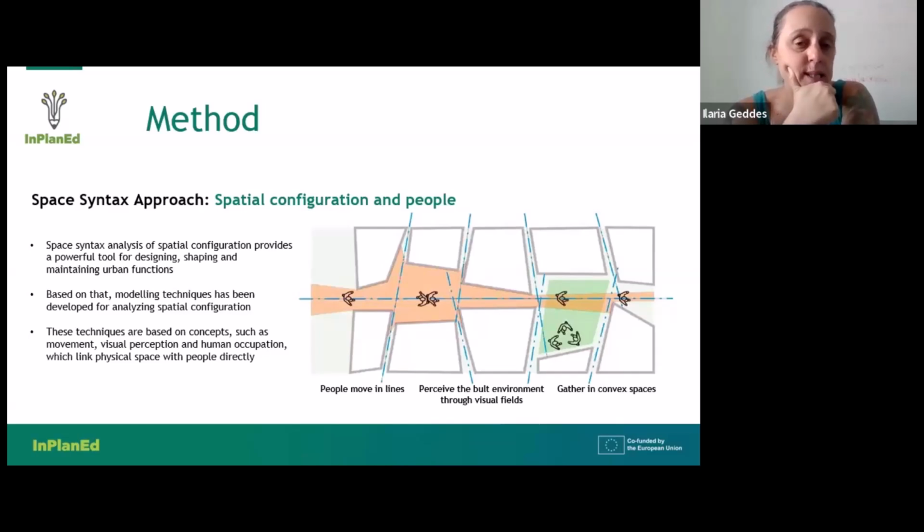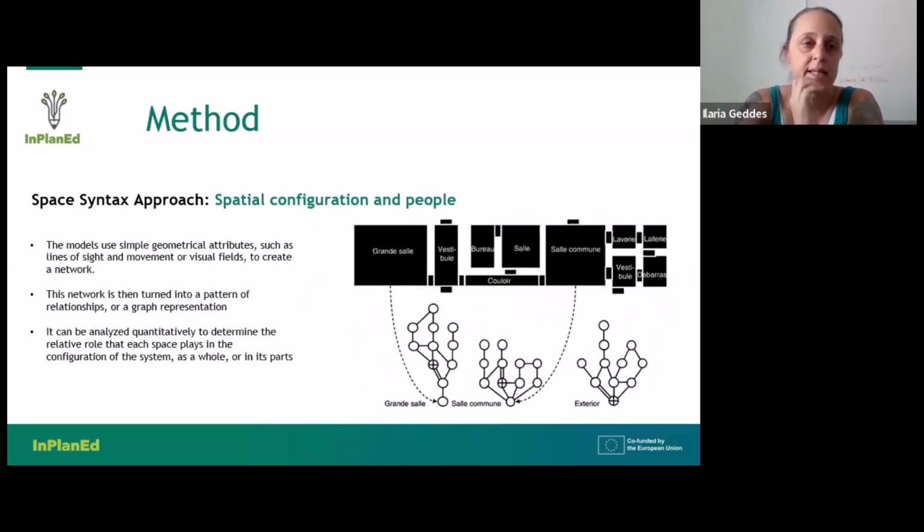So based on these, the researchers who developed space syntax methods create tools that are able to measure these characteristics of space. So they take geometrical attributes of space, and here we have the example of a building, of a layout of spaces, and it's considered as a network.